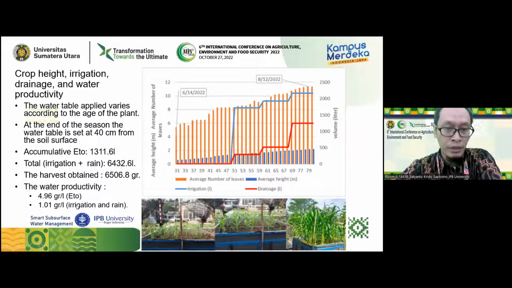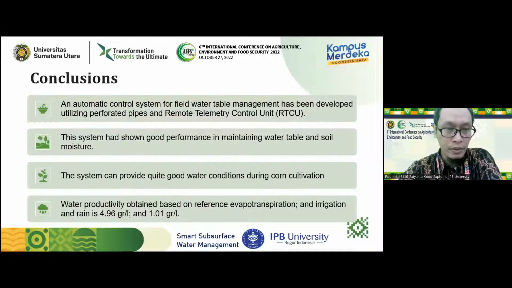And if we calculate based on irrigation and rain, it is about 1 gram per liter. It is somewhat smaller than it should be, but because it's just a side observation, maybe this is enough for now.